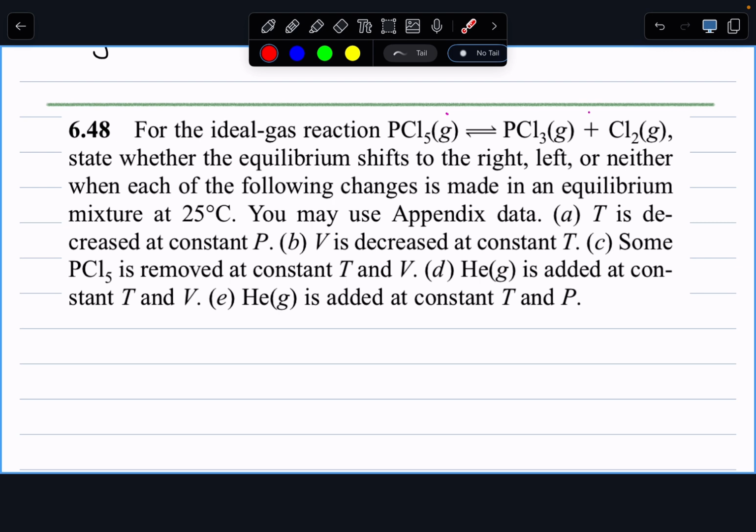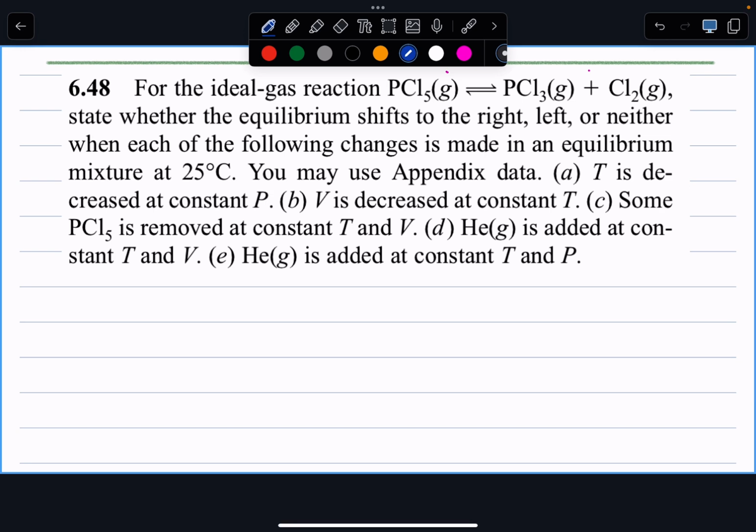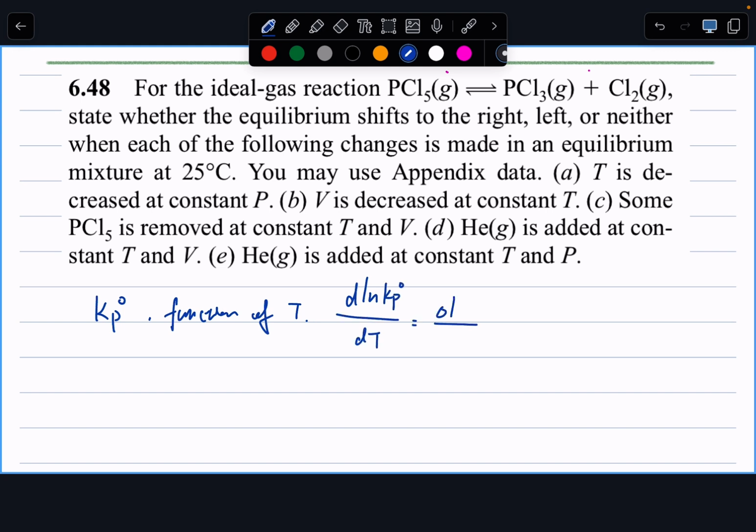To answer this kind of question, I highly recommend you first remind yourself what we are comparing. We have our equilibrium constant, and we know it's a function of temperature. We use our van 't Hoff equation: d ln Kp naught over dT equals delta H naught over RT squared.